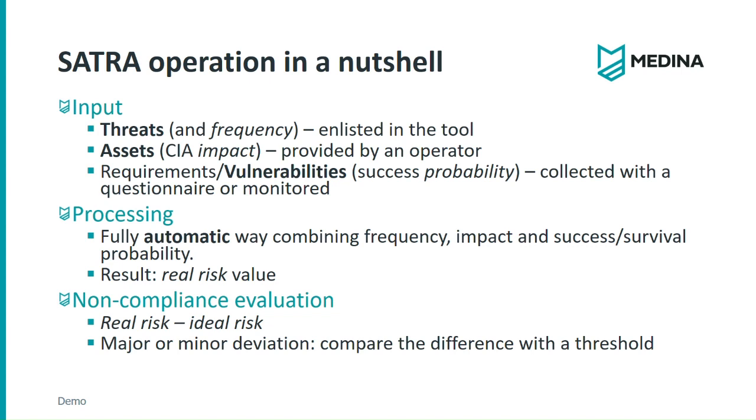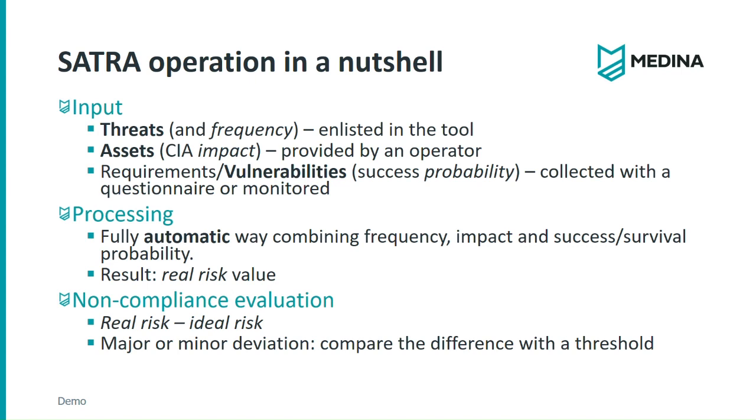As for vulnerabilities, in the scope of our analysis, a lack of implementing a requirement from a certification scheme is considered a vulnerability. It is an open way for an attacker to penetrate the system. That's why we need the information about those requirements that have been implemented.